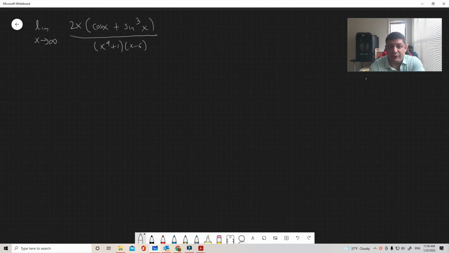And if x is going to infinity, the top looks like it's going to infinity, and the bottom also looks like it's going to infinity. So this is, again, very similar to the 0 over 0 form. This is an indeterminate form. So we should find an alternative way of finding the limit than just plugging in.